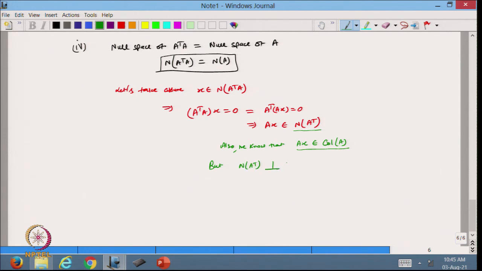Just now we have seen that the null space of A transpose is orthogonal to the column space of A. So Ax belongs to both, but they are orthogonal to each other and the only common point is 0, which implies that Ax should be equal to 0, because the only intersection point is the 0 of that space.